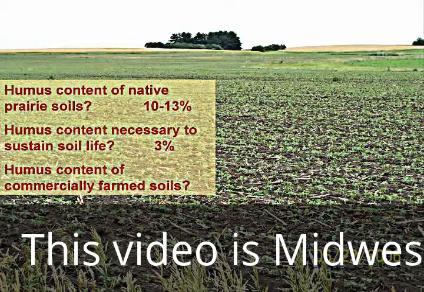Annual agriculture requires that you turn the soil every year, over and over again. Every time you break open the soil to create a seed bed for your annual seeds, you end up dumping oxygen into the soil. It's just like when you have a wood-burning stove and you open the door and oxygen goes rushing in and the flames flare up.